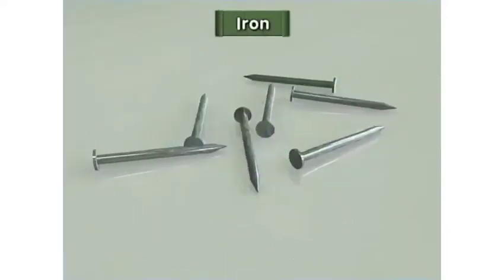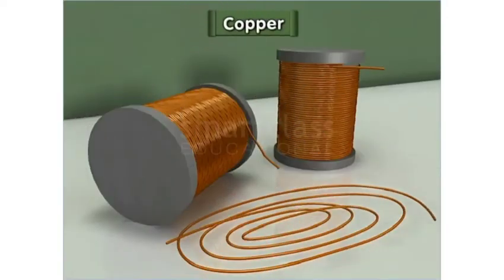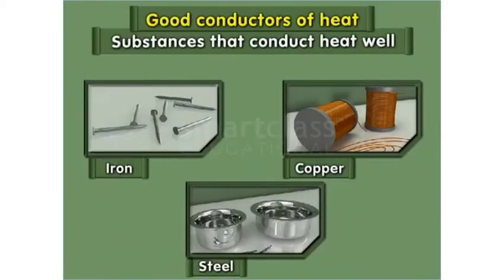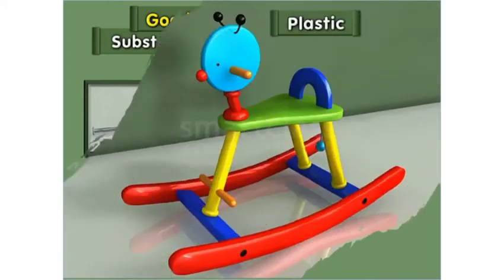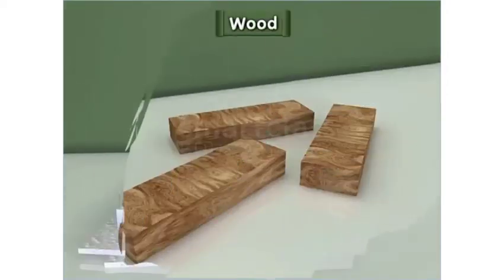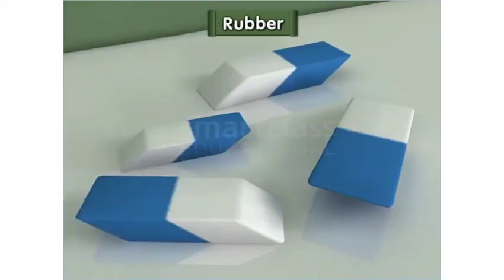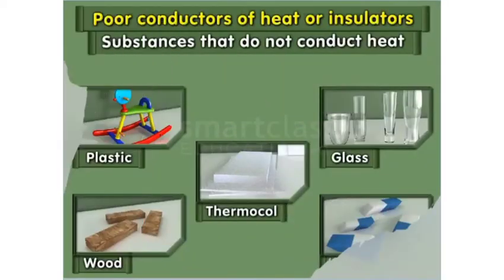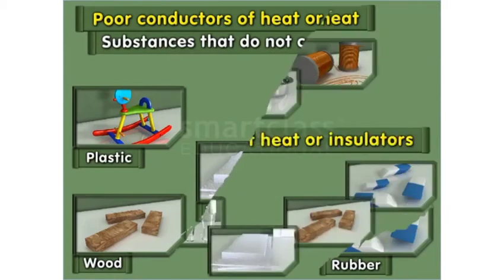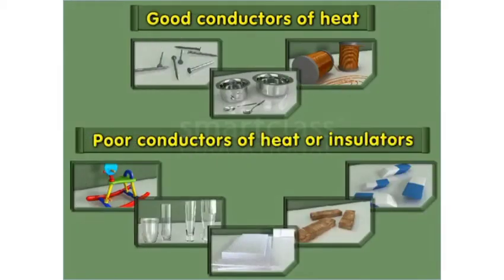No. Substances that pass heat through them are called good conductors of heat. Iron, copper, steel are good conductors of heat. Substances that do not pass heat through them are bad conductors of heat or insulators. Plastic, thermocol, glass, wood, rubber are bad conductors of heat.